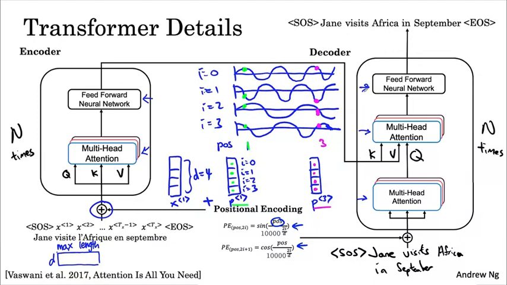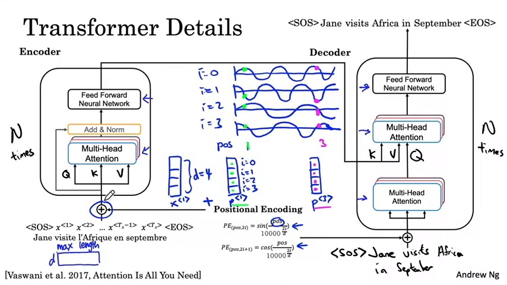The transformer also uses a layer called Add & Norm that is very similar to the batch norm layer that you're already familiar with. For the purpose of this video, don't worry about the differences.